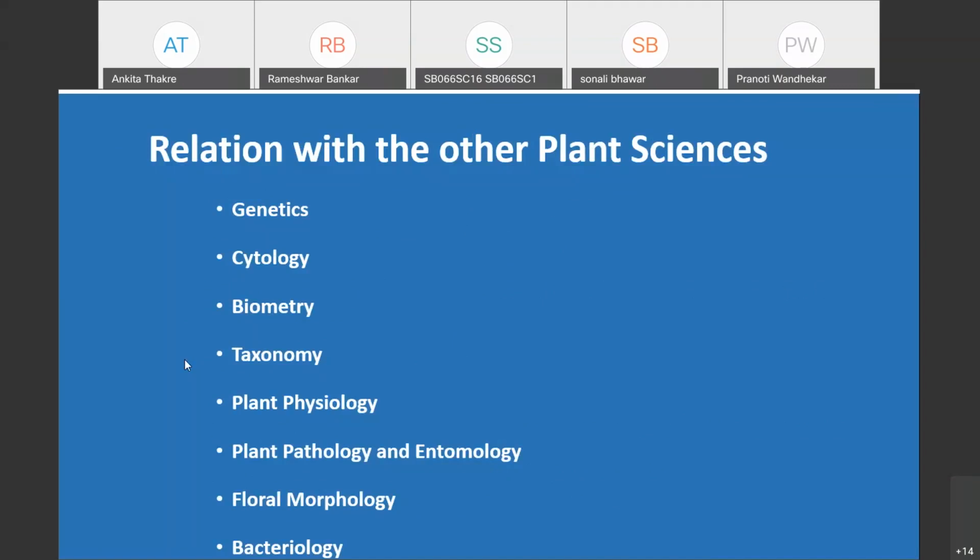Here we can say genetics, cytology, biometry, taxonomy, plant physiology, plant pathology and entomology, floral morphology and bacteriology. The knowledge of these branches is associated with plant breeding and is useful to develop a new crop variety which is superior to the existing variety.